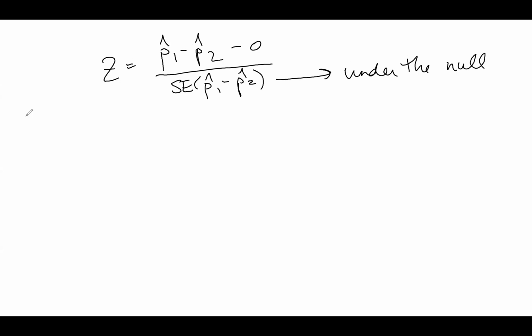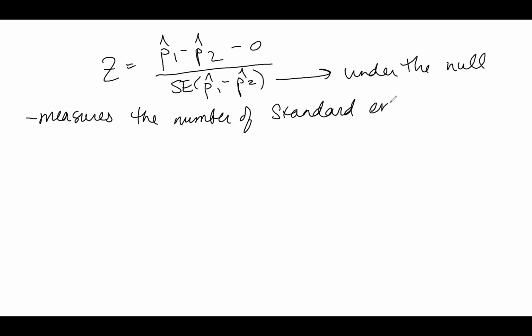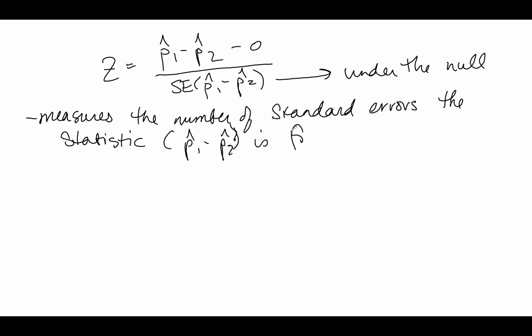And this measures the number of standard errors the statistic, which is p-hat 1 minus p-hat 2, is from the null value of 0.